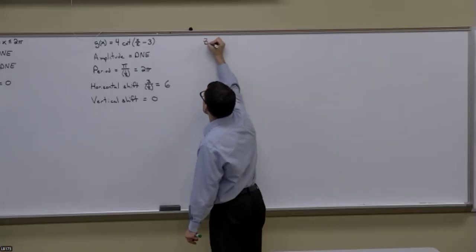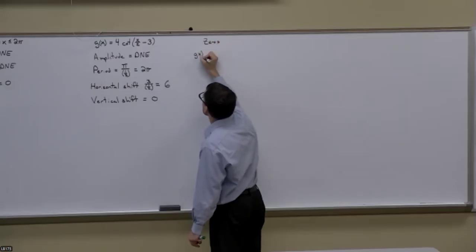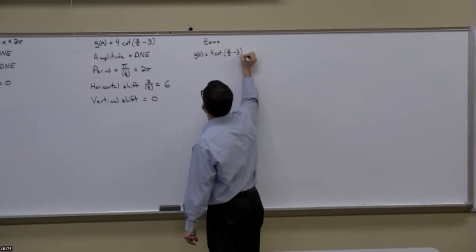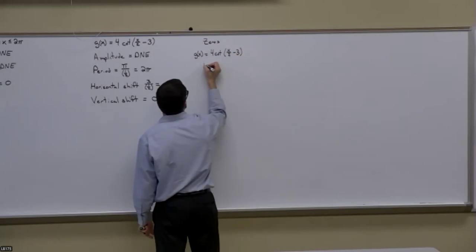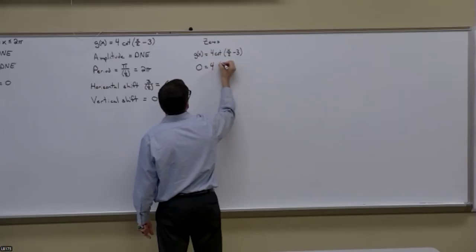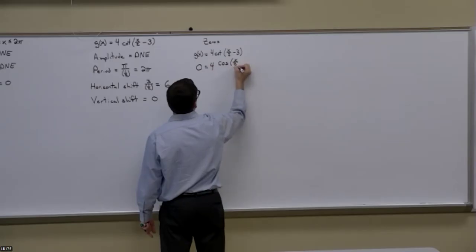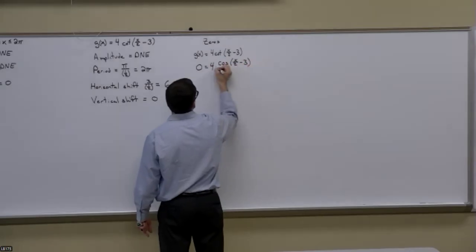Let's do the zeros here. Cotangent is cosine of the argument divided by sine of the argument.